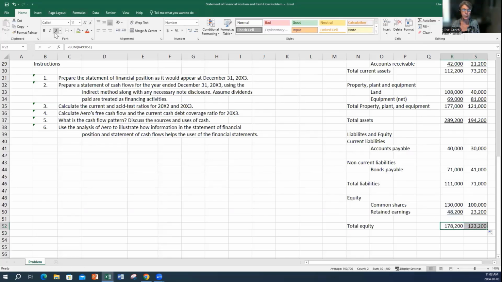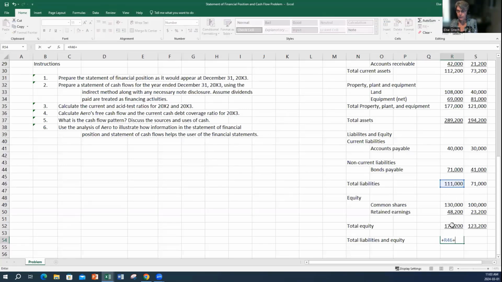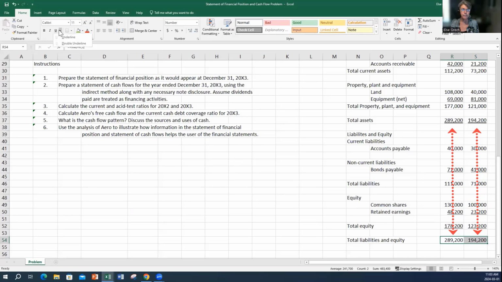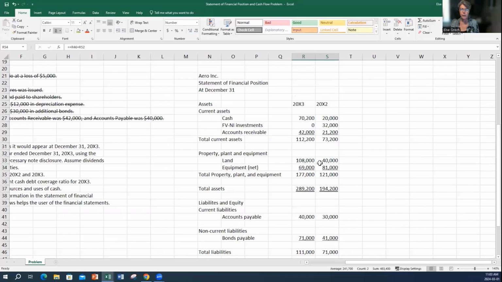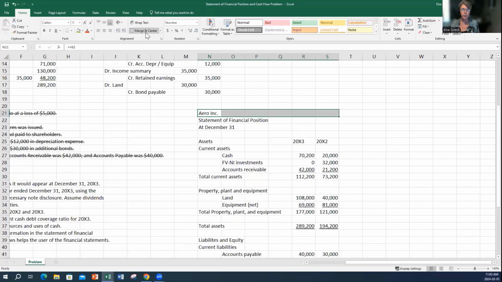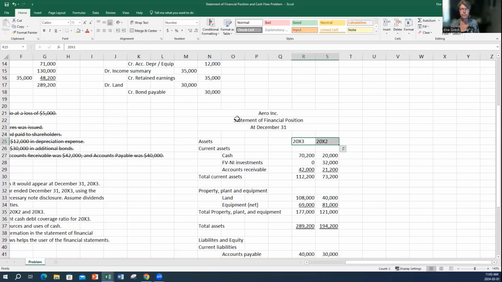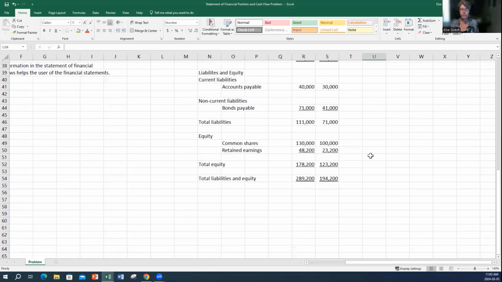And then a single underline here, and I'm going to do total liabilities and equity. And that had better be the same amount, and it's identical. I'm going to double underline this. So here is our statement of financial position. This is, of course, a classified statement of financial position, which we are required to produce under both IFRS and ASPE. So there we go. And we've finished. Awesome.